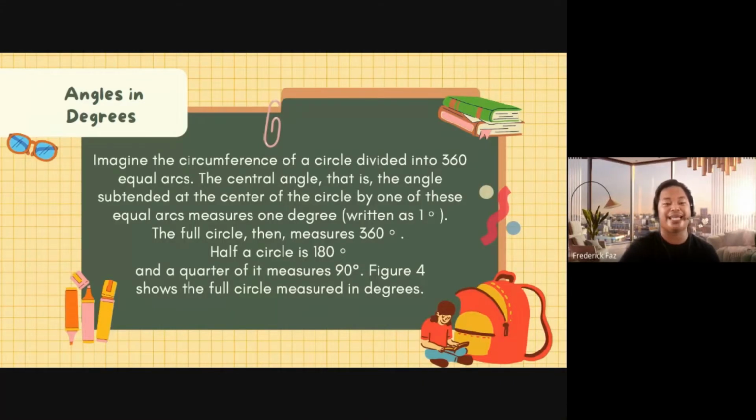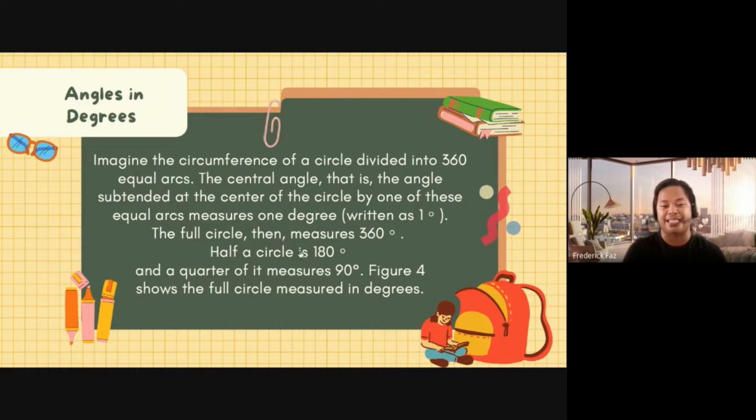Let's proceed to angles in degrees. Imagine the circumference of a circle divided into 360 equal arcs. The central angle, that is the angle subtended at the center of the circle by one of these equal arcs, measures 1 degree, written as 1 with a small circle symbol at the top.